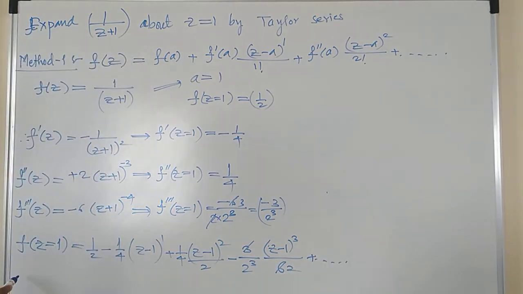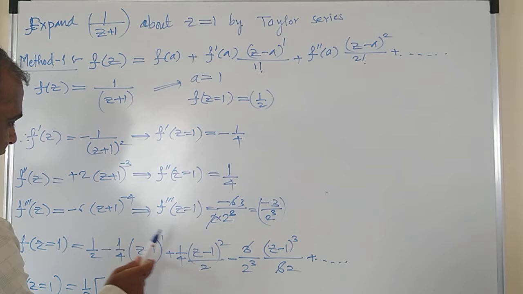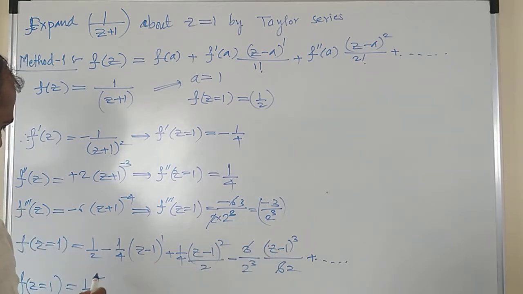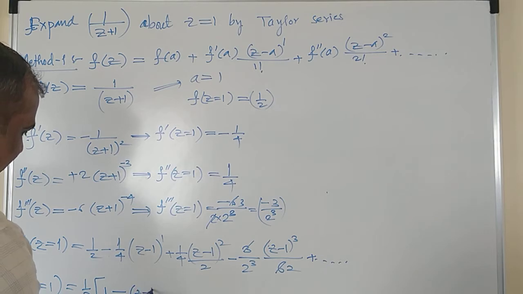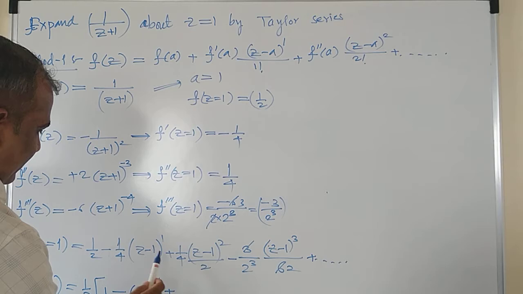You are having infinite number of terms, and therefore f of z is equals to 1 half, and this 1 half I can take out common from all the terms. Everywhere you are having a 1 half. So here first term will be 1 minus z minus 1 raised to power 1 plus 1 half is outside.